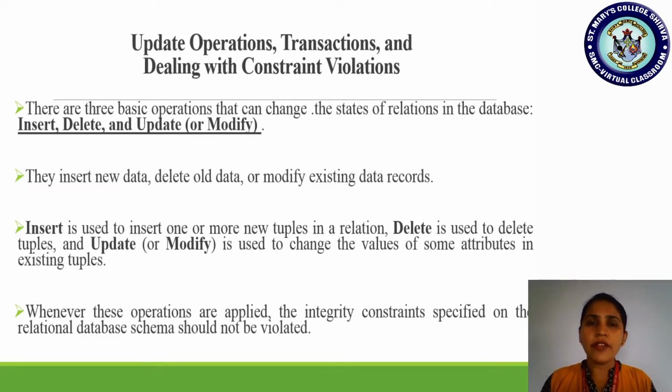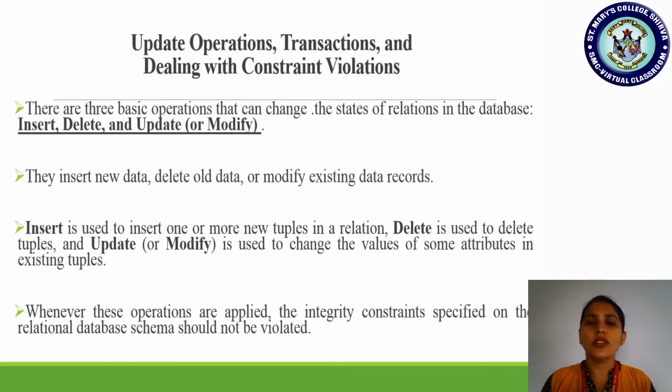Are you all understanding? For example, if you want to delete a record, there are certain constraints, and only if those constraints are satisfied can the record be deleted. If those constraints are not satisfied and you try to delete a record, how do we overcome it when it says the record cannot be deleted?